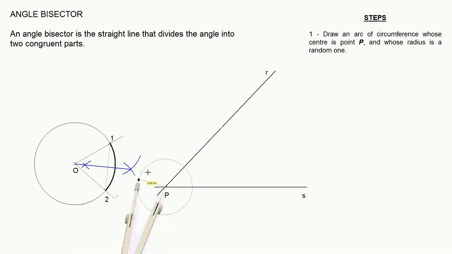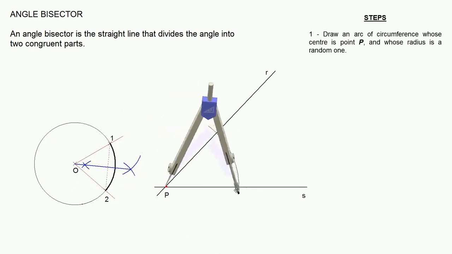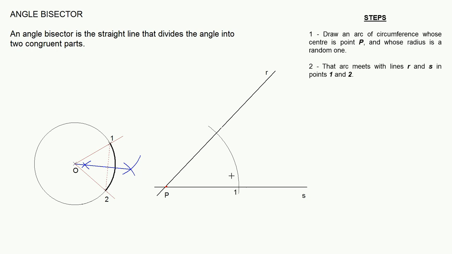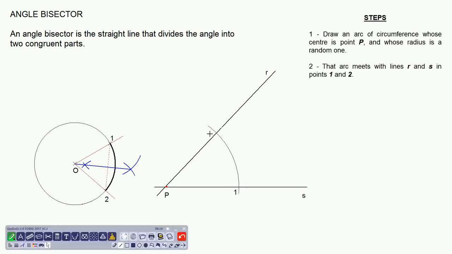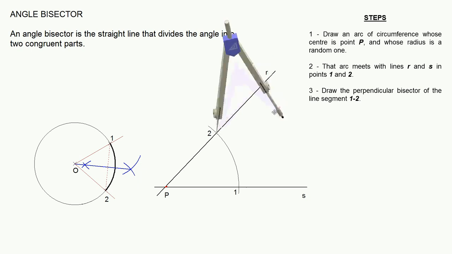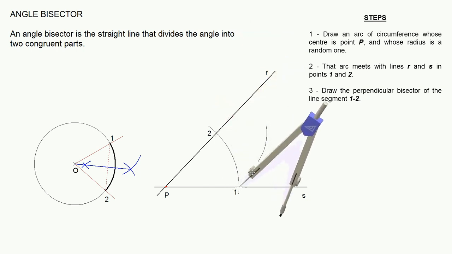We draw a random arc of circumference whose center is point P. And then we will draw the perpendicular bisector of the line segment that goes through points 1 and 2, which is a chord of that arc of circumference. Same radius, center point 2 and point 1.